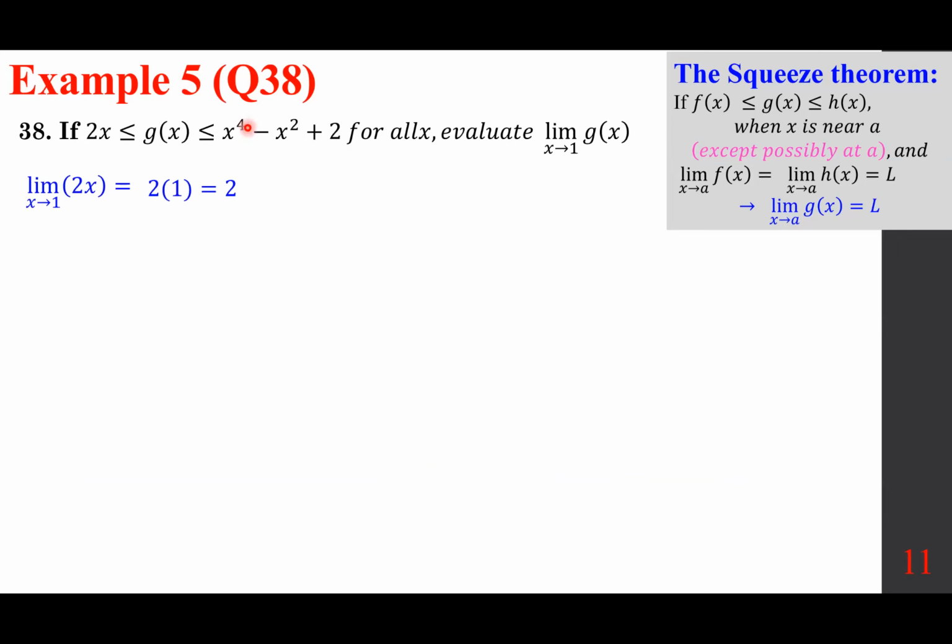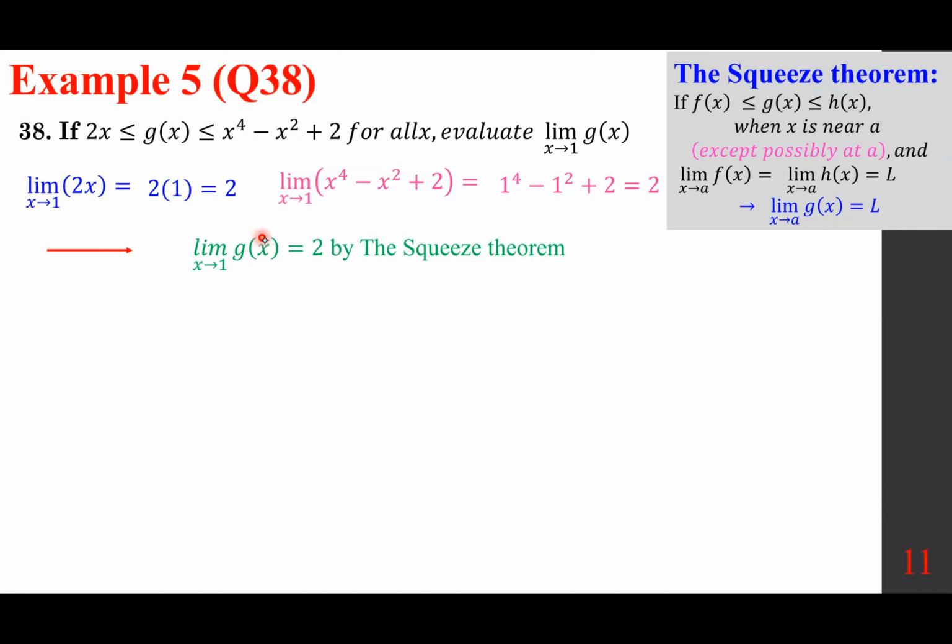How about this piece? The limit of x to the power of 4 minus x squared plus 2 as x approaches 1. We plug in, we get 1 to the power of 4 minus 1 squared plus 2, and that is also 2. Because the two are identical, the function in between has the same limit by the Squeeze theorem.